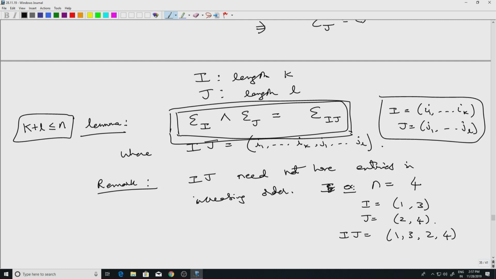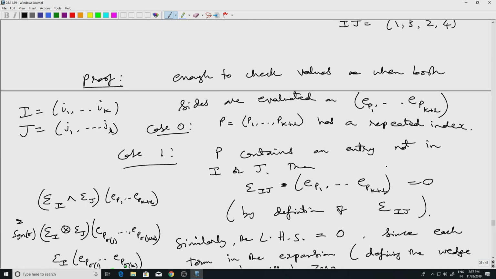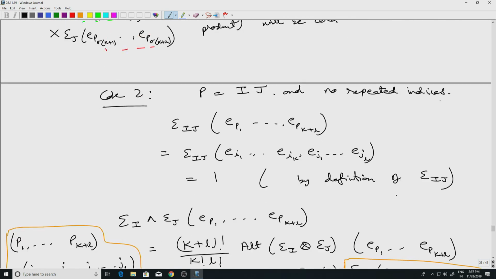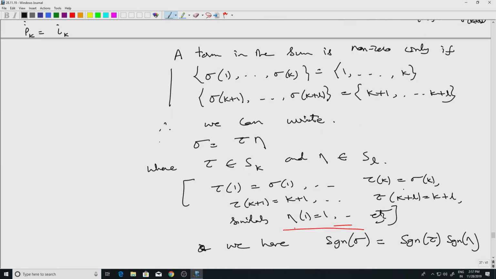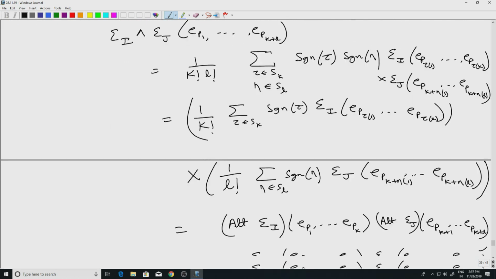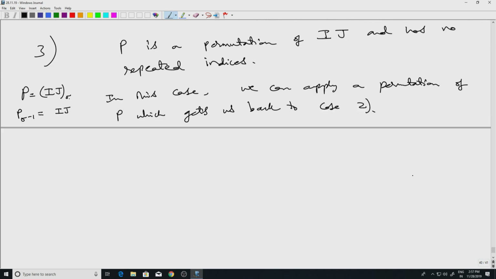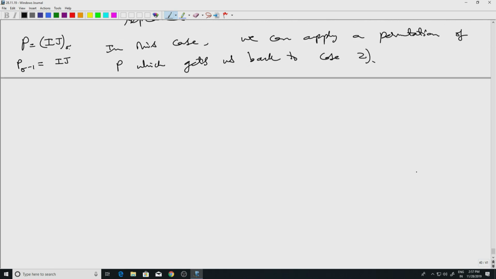If both sides evaluated on P sigma inverse are the same, then both sides evaluated on P itself will be the same, because you can go back just by moving things around. In other words, applying the reverse permutation, we can apply the permutation of P, which gets us back to case 2.